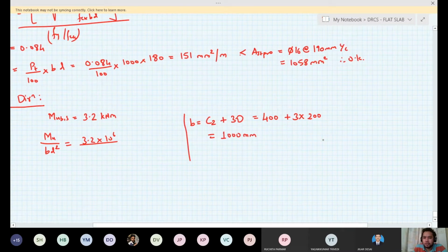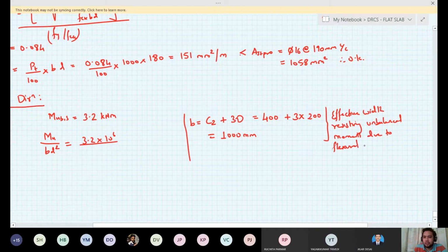Okay, so this is nothing but the effective width resisting the unbalanced moment due to the flexural couple, because we have a different width for the shear couple.